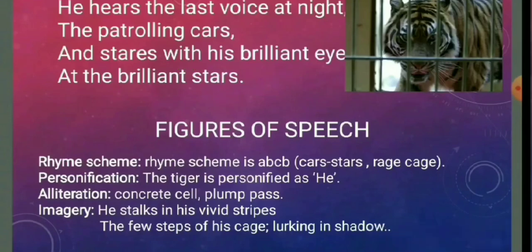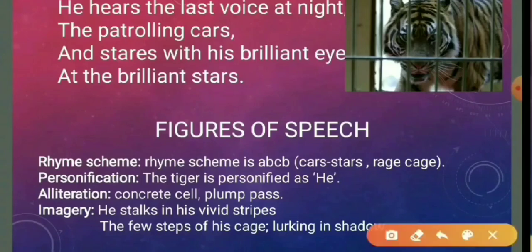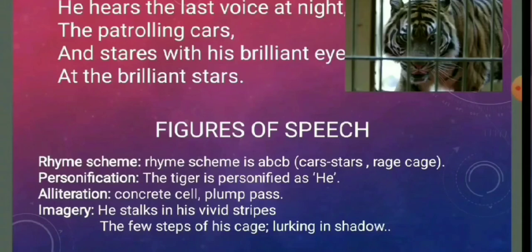Next poetic device is alliteration. Alliteration is repetition of one letter, not word. He hears, he hears, it is alliteration. And the last poetic device in this stanza is enjambment, where the line continues without any punctuation.